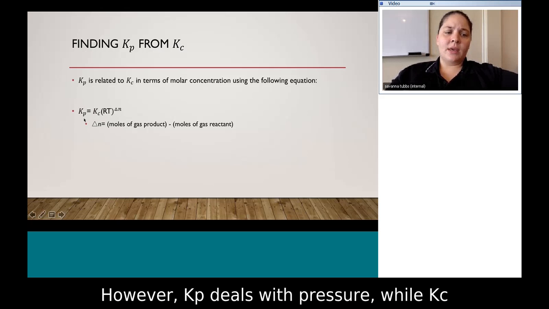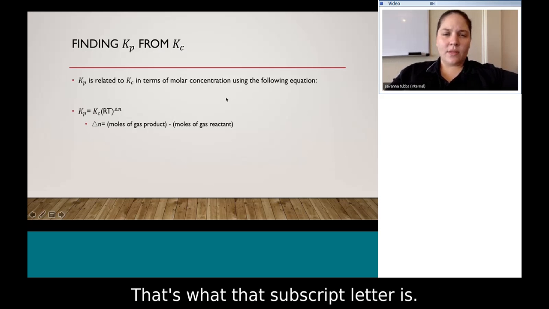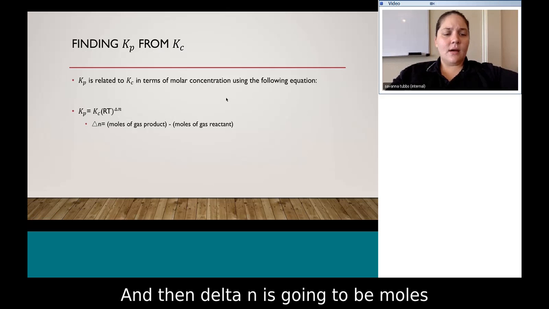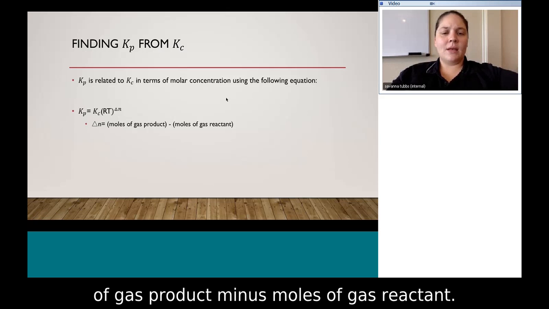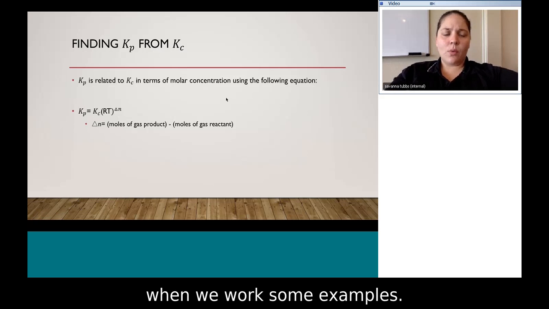However, Kp deals with pressure while Kc deals with concentration. That's what that subscript letter is. And then the delta N is going to be moles of gas product minus moles of gas reactant. And this will make a little bit more sense when we work some examples.